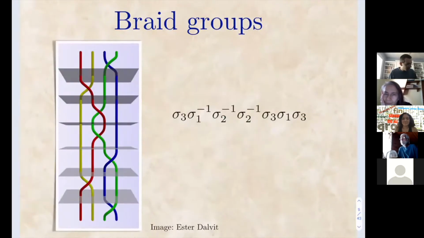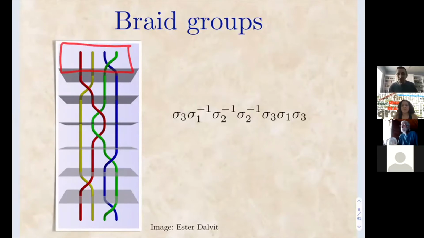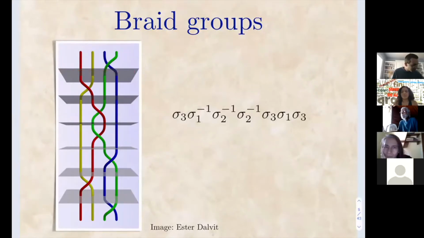Okay. So this picture on the left is a picture of multiplication in the braid group. This is a braid called sigma 3, because the 3rd strand went behind the 4th strand. And this is the braid sigma 1 inverse, because the 1st strand goes over the 2nd strand.